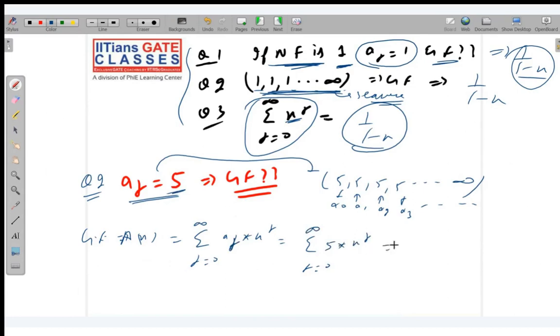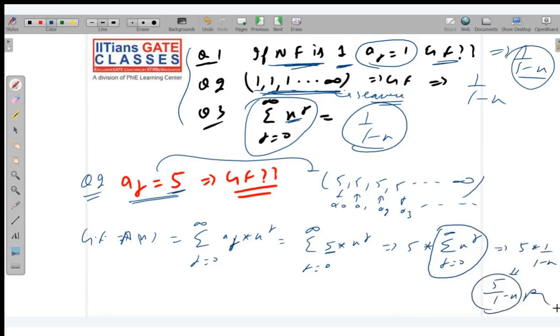Now 5 is a constant quantity, so you can take 5 outside. So 5 multiplied by the sum over r equal to 0 to infinity of x power r. And I have told you just now the value: 1 upon 1 minus x. So finally we get 5 into 1 upon 1 minus x, and that is nothing but 5 upon 1 minus x. So simple.